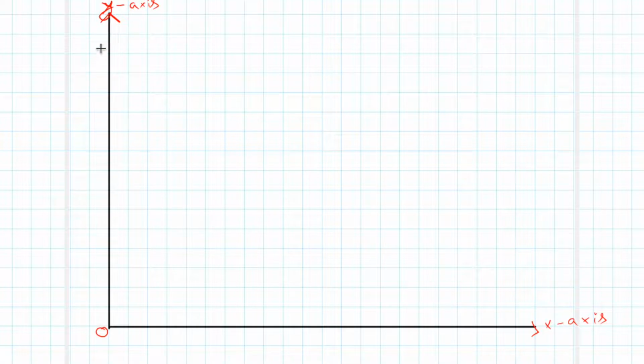Now along the y-axis we will represent frequency, and along the x-axis we will represent shoppers.